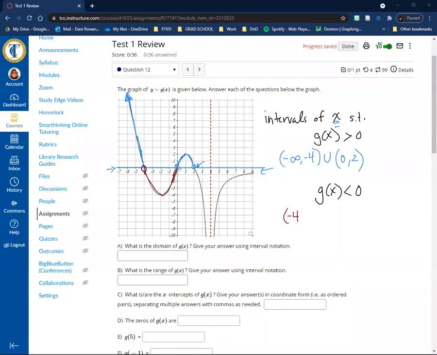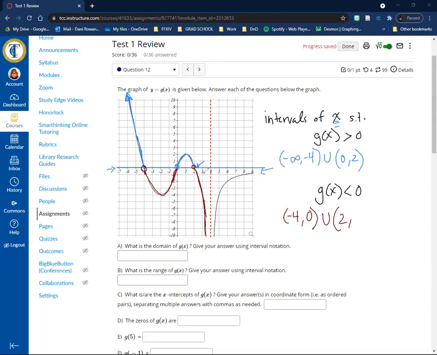And where does it stop? 2. Careful. What's this point right here? Oh, it's the origin. So 0. Does it pick back up below 0? No, wait, yes, it picks back up at 2 and keeps going.